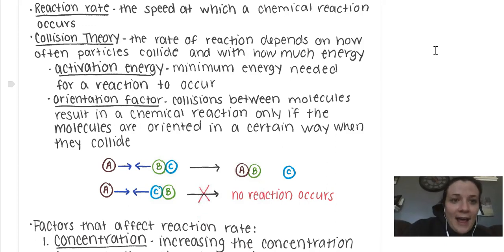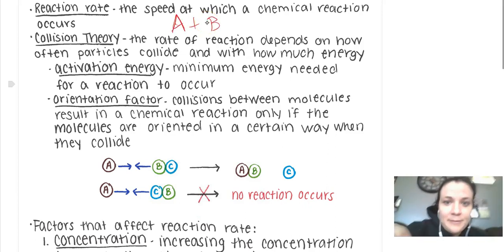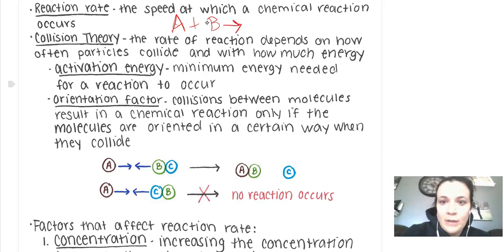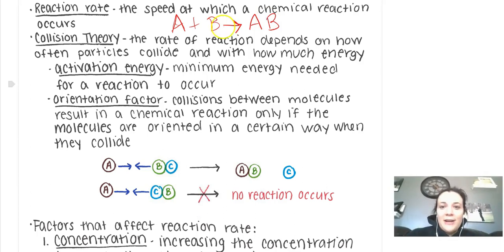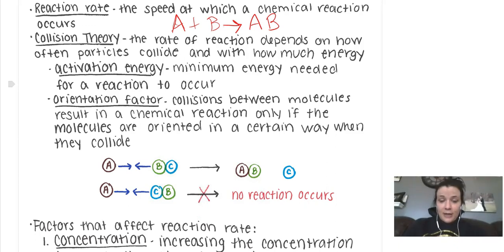So let's say I had just a simple synthesis reaction, A plus B produces compound AB. So if I want to produce product AB, A needs to collide with B. If those two reactants don't come together, I can't form my product AB. So collision theory states that particles need to collide.